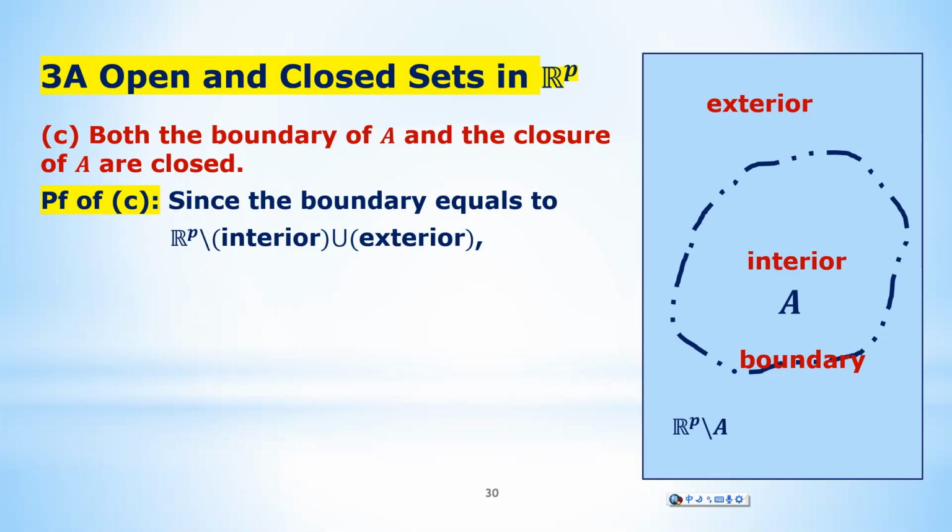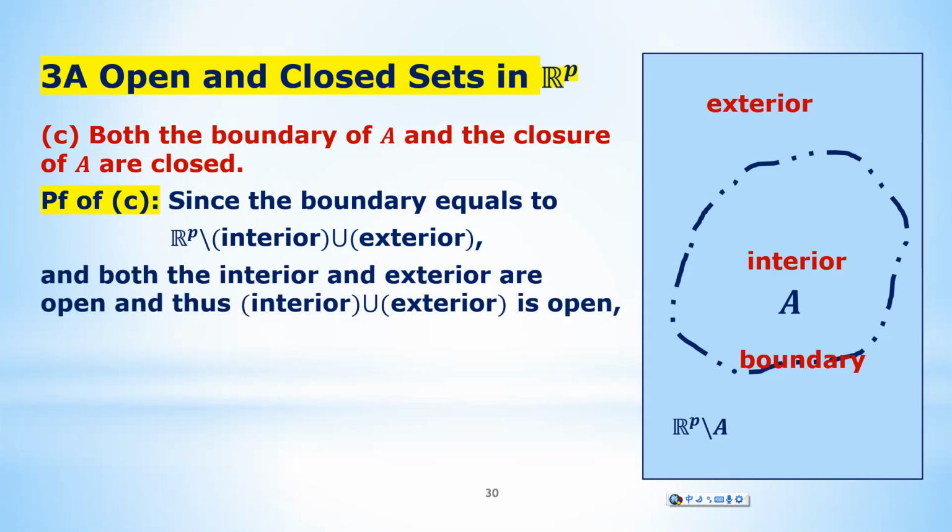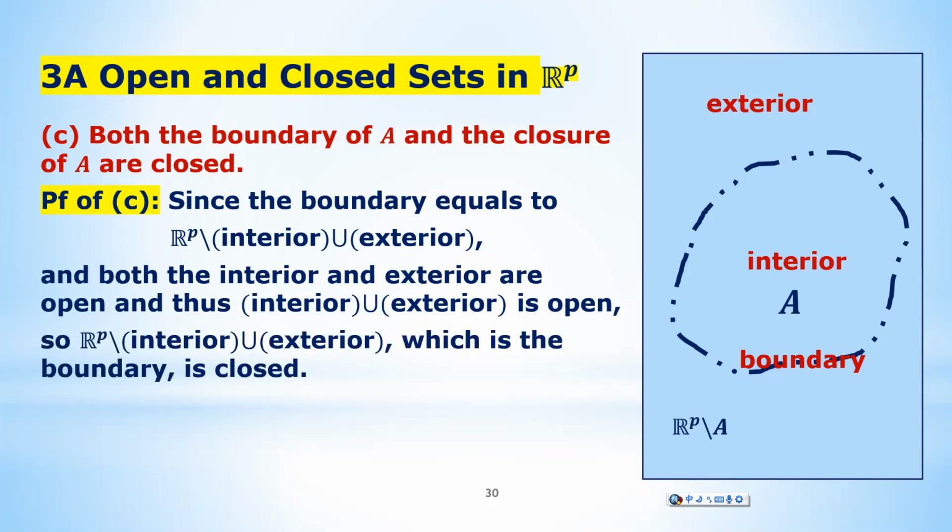Therefore the boundary is the complement of an open set, which shows that the boundary is closed. So the proof of part C is built on part B. It's very easy because the boundary is the complement of interior union exterior. That's it.